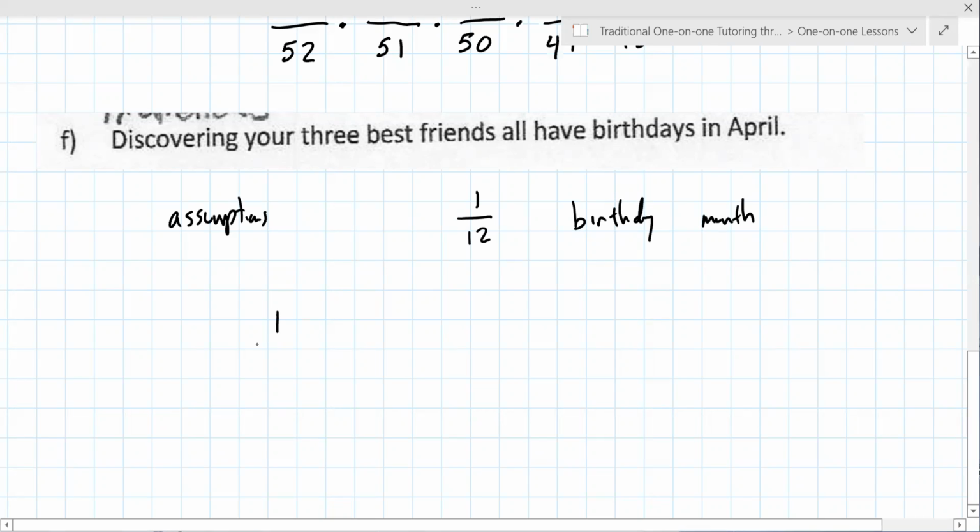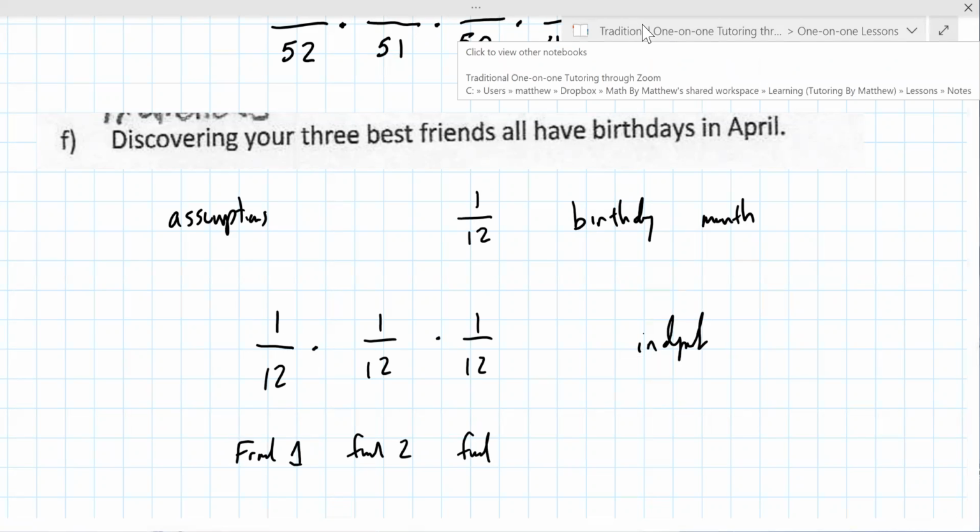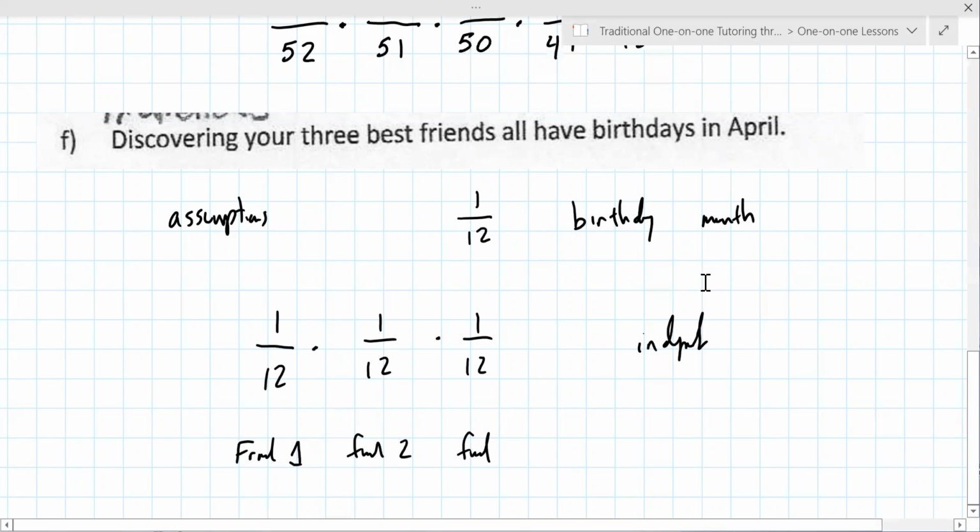It's things like that. But it's kind of like the previous problem. All right, friend 1, 1 out of 12. This is friend 1. Friend 2 is also 1 out of 12. And then friend 3 is also 1 out of 12. Now these are independent because the probabilities are the same, but you can also look at it from the perspective of, your birthday and my birthday are not in any way related. And same with maybe a friend you've got elsewhere.